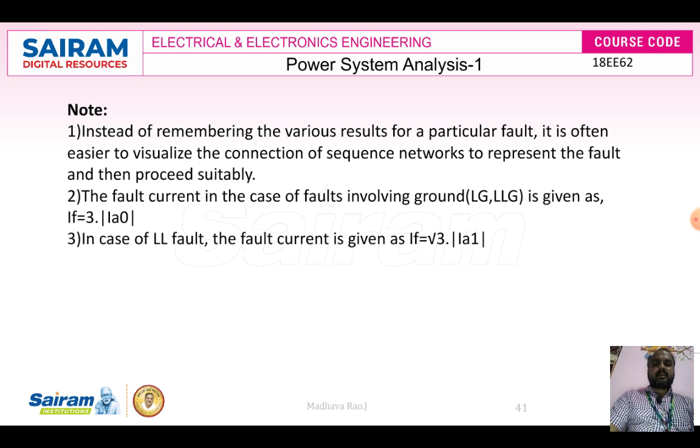For faults involving ground, LG and LLG, the fault current is 3 times the zero sequence current, but in an LL fault the fault current is equal to root 3 into the positive sequence current. This is the hint, so you can remember using these points.